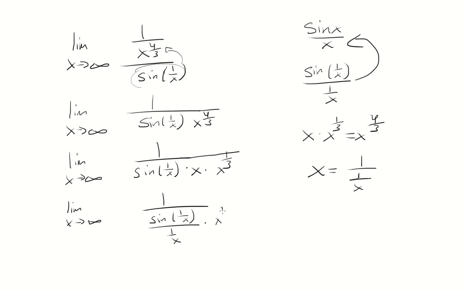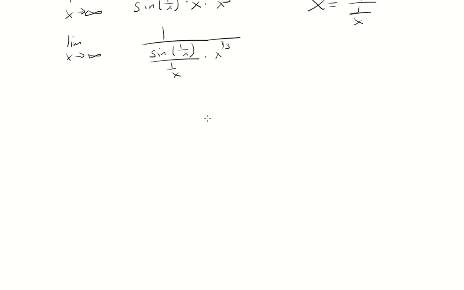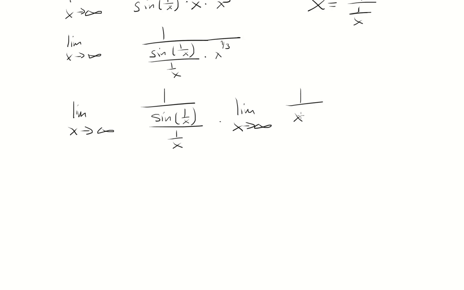And then I'm going to multiply that by x to the 1/3 power. Now at this point, I can separate this into two separate limits. We can have the limit of 1 over sine 1 over x over 1 over x, times the limit as x approaches infinity of 1 over x to the 1/3.